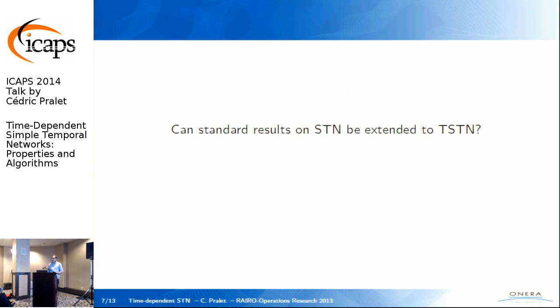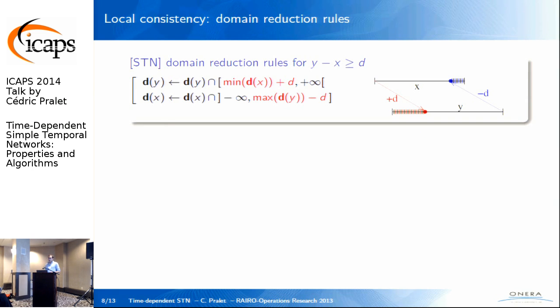Now, one fundamental question is, can standard results on STN be extended to time-dependent STN? And to answer this question, the first step is to define how to reason about a single temporal constraint.